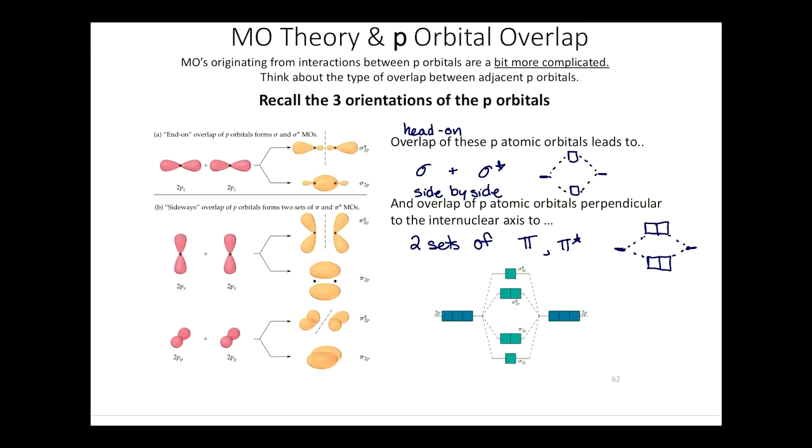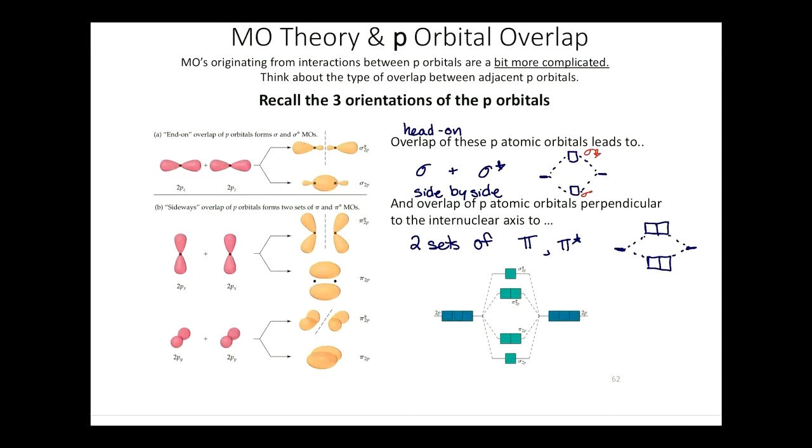The next 2 sets are side-by-side interactions, 2 sets of pi interactions. Those are between your px and your py adjacent orbitals. And I should have mentioned, with our pz orbitals doing the sigma interaction, you get a sigma and a sigma star. So there's our sigma star.